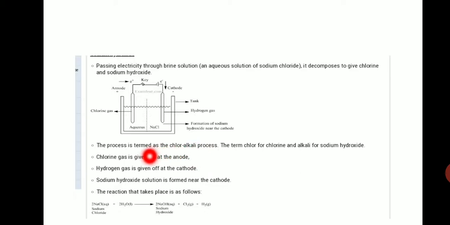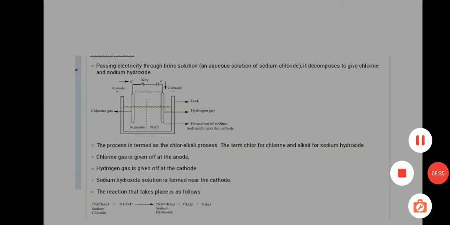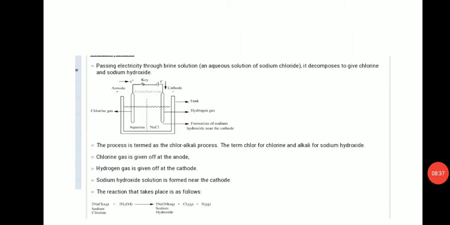The term chlor is for chlorine and alkali for sodium hydroxide. Chlorine gas we get at the anode, hydrogen gas at the cathode, and sodium hydroxide solution is formed near the cathode. This reaction and this equation is very important.